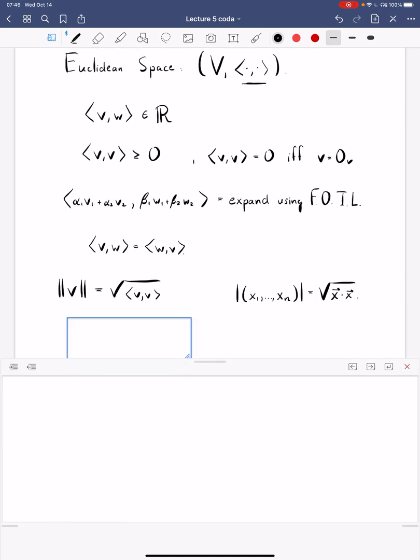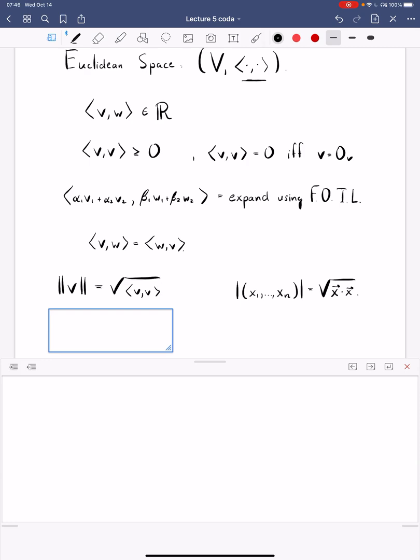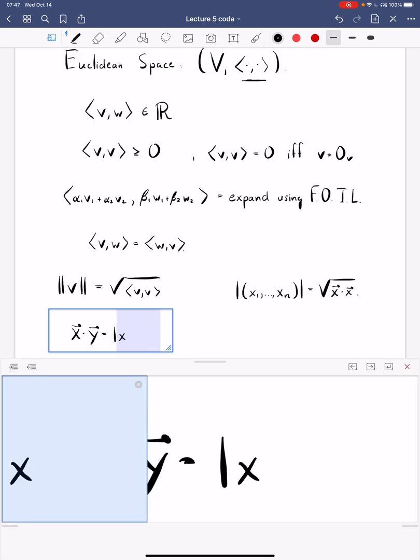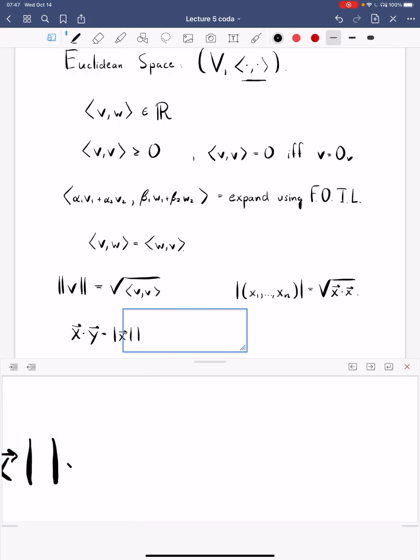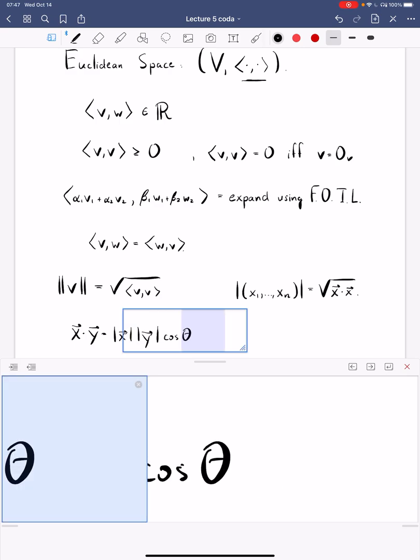So it's a generalization of that. And then also you probably know that in Rn, there's a formula that says x dot y is equal to the length of x times the length of y times the cosine of the angle between them.